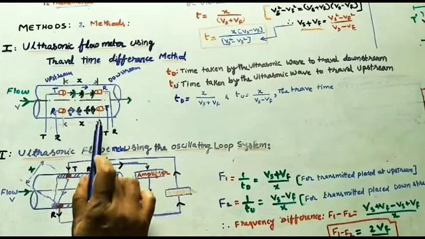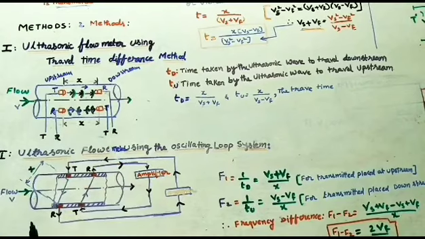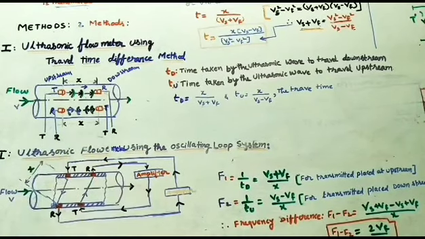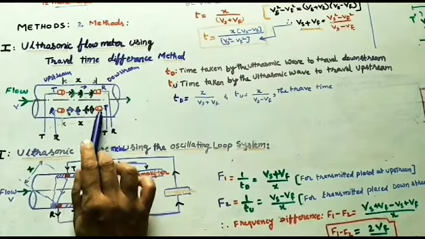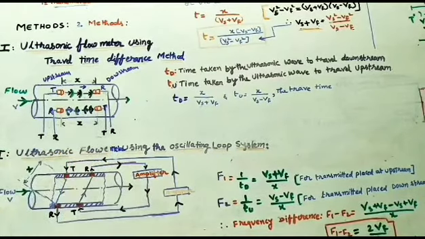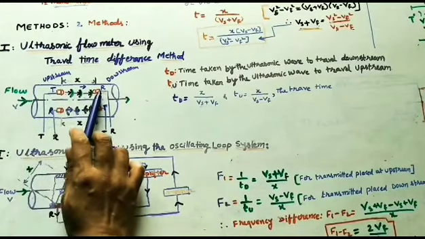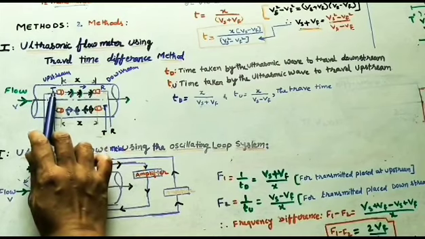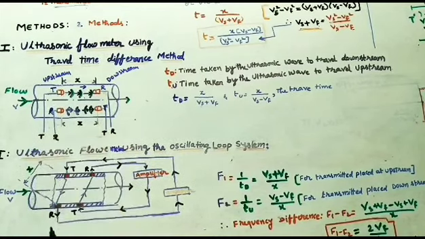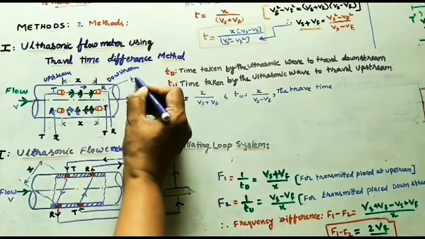This time I am calling TU, the time travel from T to R in the upstream direction. This time I am calling TD, the time travel from T to R in the downstream direction.